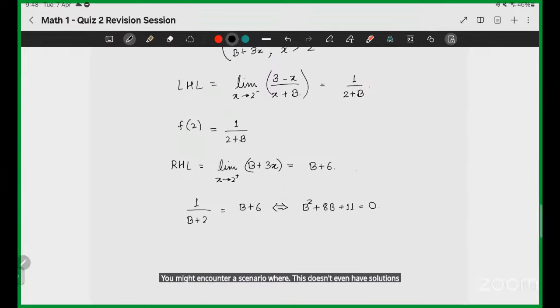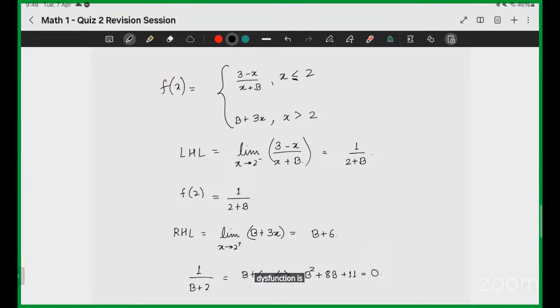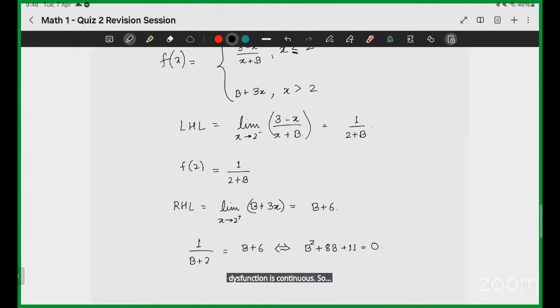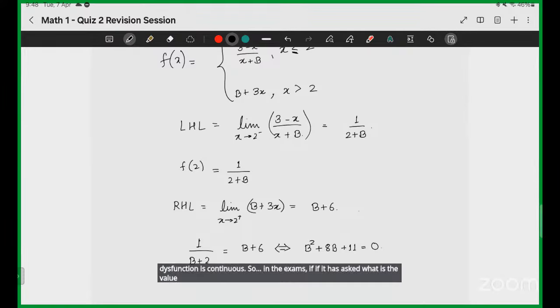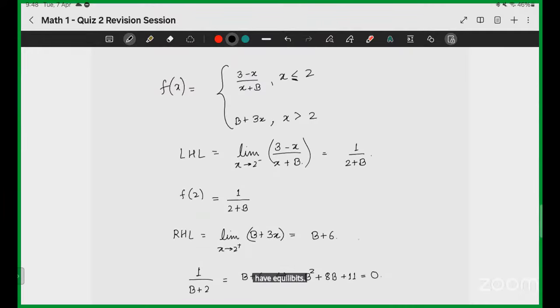In that case, there is no value of b for which this function is continuous. So in the exams, if it has asked what is the value, then of course there will be a value. But there are scenarios where such things may fail to have equal limits. So is the idea clear?